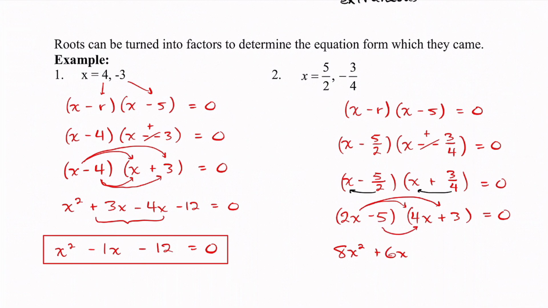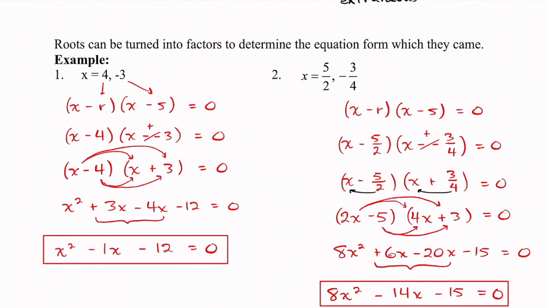Negative 5 times 4x is negative 20x. And negative 5 times 3 gives us negative 15. And then again, the two middle terms, just put those back together. So 8x squared minus 14x minus 15 equals 0.